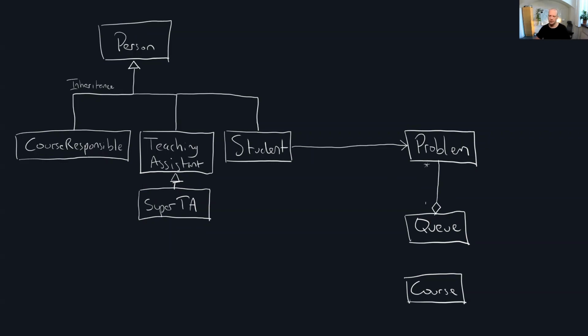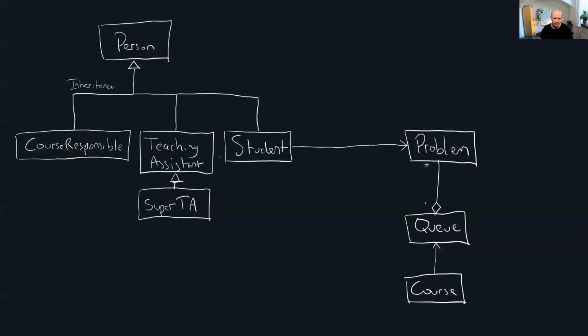I'm just using a star here to indicate many. And there is probably a course associated with a queue or a queue associated with a course. Again, the direction here, sometimes it's just a dotted line. The direction arrow might be a little bit funky here.